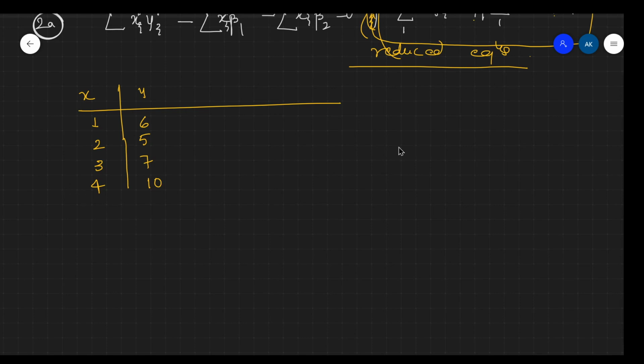So what did you assume? You assumed the equation of the curve, method 2, and this is the method we will always stick to. So we assumed the equation y is equal to beta 1 plus beta 2x. Fine. Now we have to directly write the reduced equations from this.